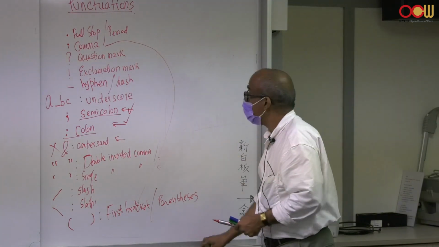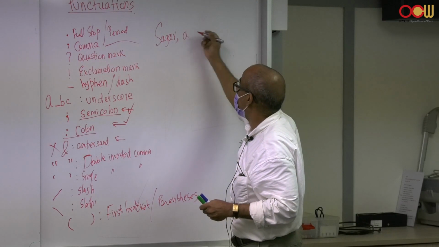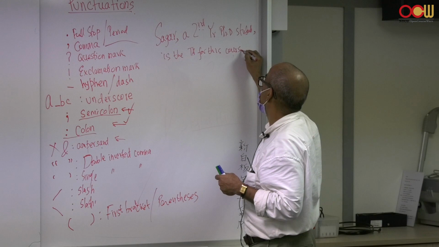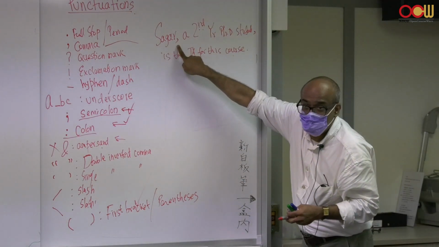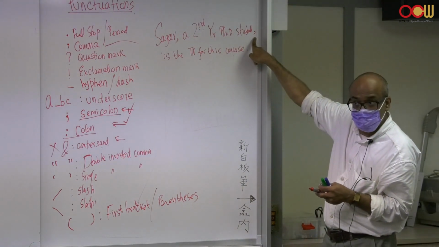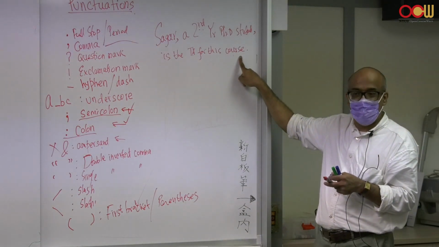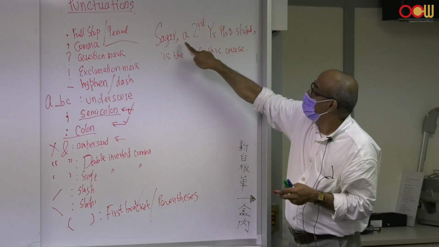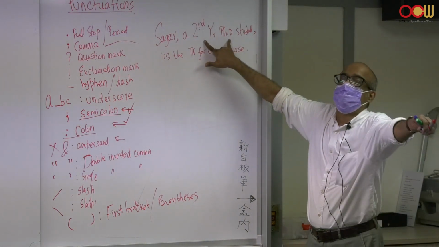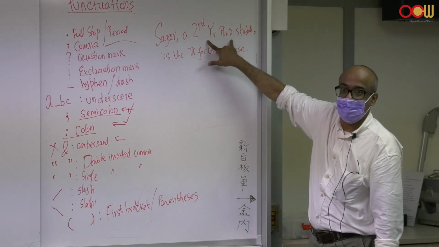For example, Sagar, comma, a second year PhD student, comma, is the TA for this course. So I have used two commas, and in between this describes Sagar. So who is Sagar? Sagar is this guy, a second year PhD student.